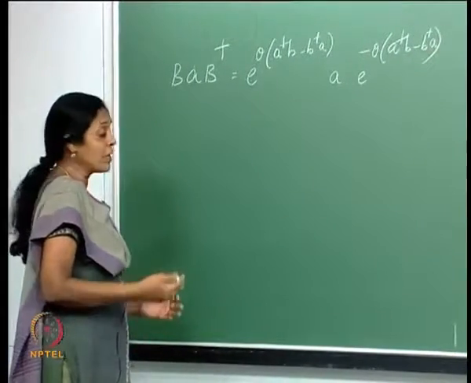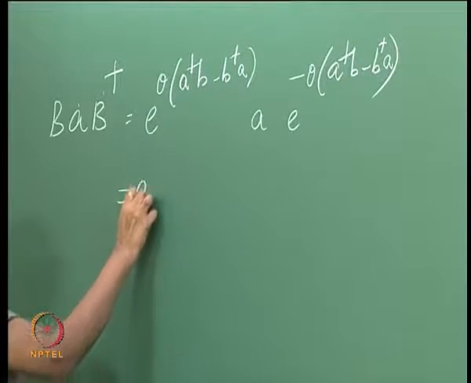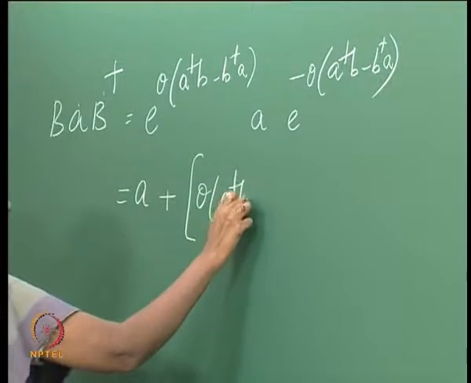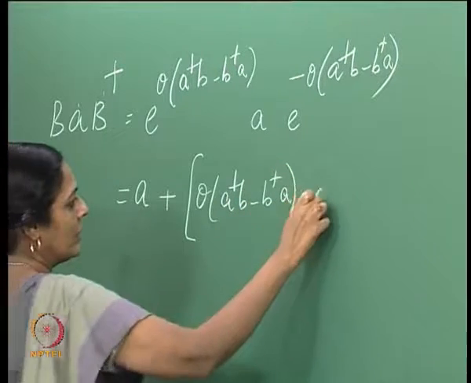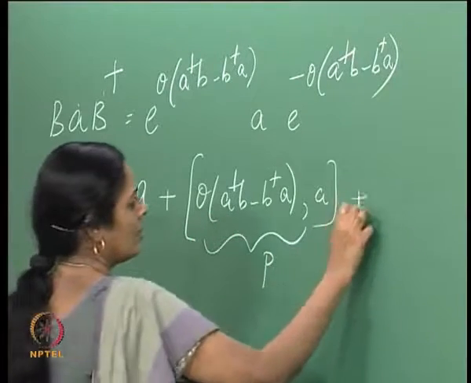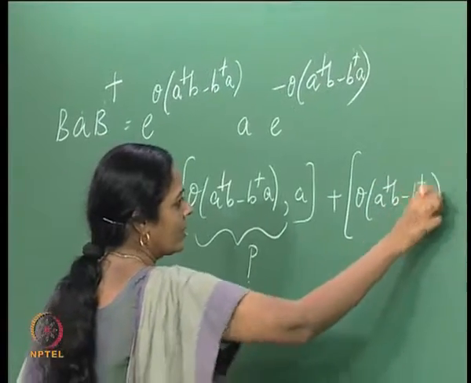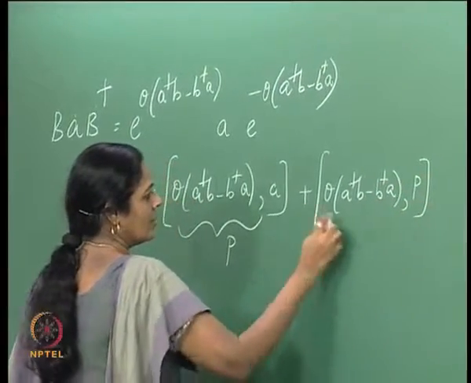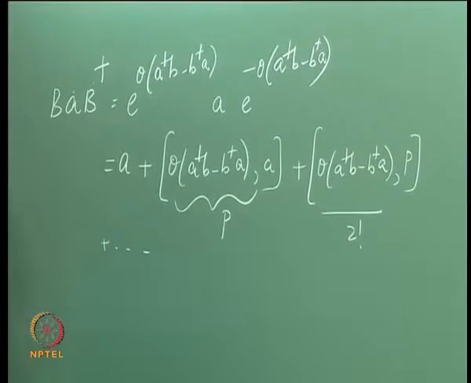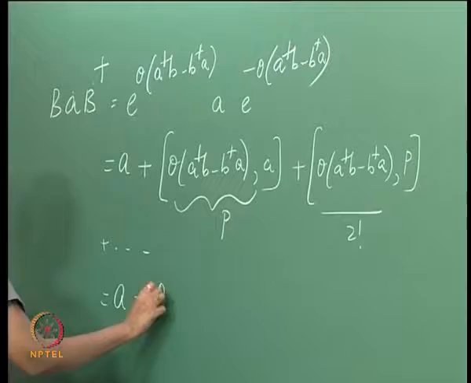Of course, I will use the Baker-Campbell-Hausdorff formula, and this would just be A plus the commutator of theta times A dagger B minus B dagger A with A, and suppose I call this commutator P, plus theta times A dagger B minus B dagger A with P by 2 factorial, plus so on.